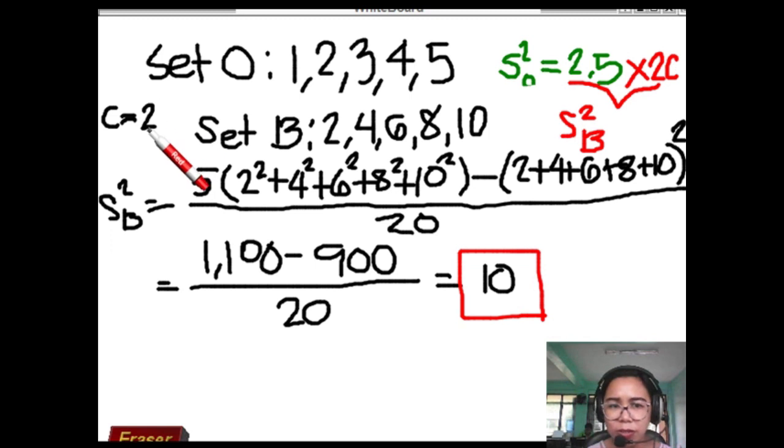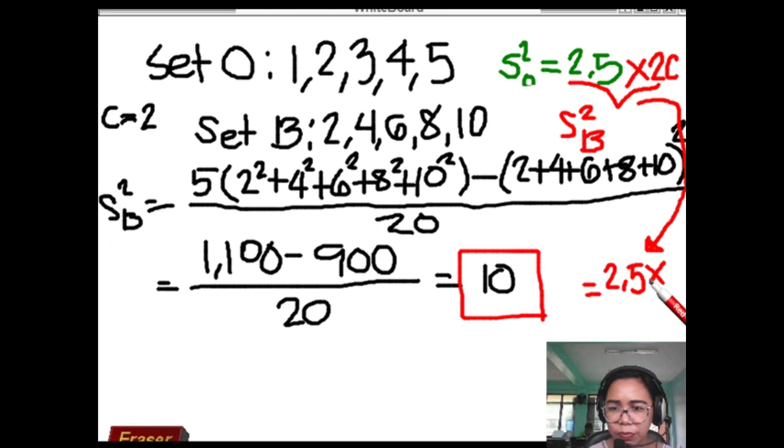Our constant is 2, so we expect it to be 2.5 times 2 times 2.